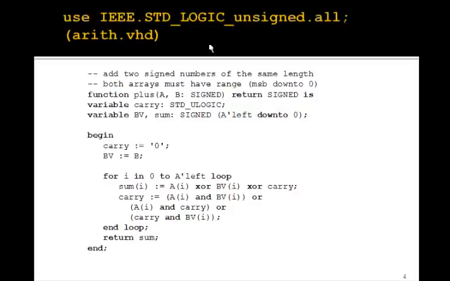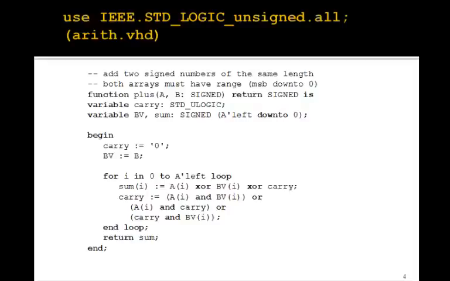It turns out a plus sign calls this function plus, where the parameters are a, b. They're shown signed here. It turns out that in the original VHDL, you could only add signed or unsigned numbers, and they were defined in this arith VHD program.